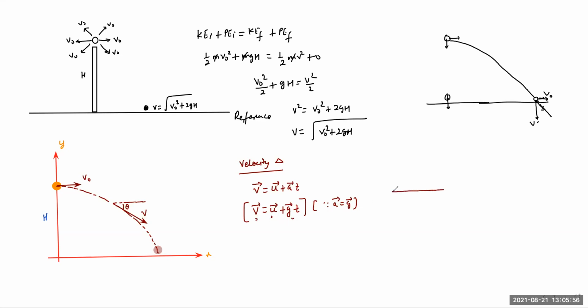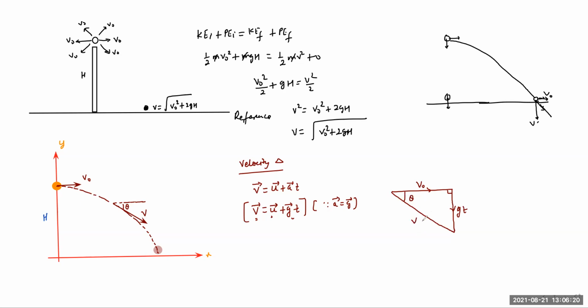So every vector v is the sum of the initial velocity and gt. What is initial? v naught, which you can draw like this. Now gt will grow with time, so as time grows, this will become bigger and bigger. This is gt, only the value. So now this line is always the v vector.